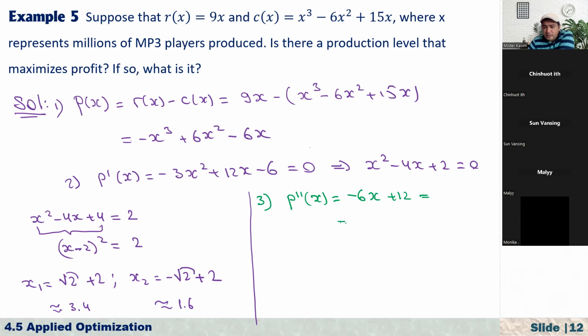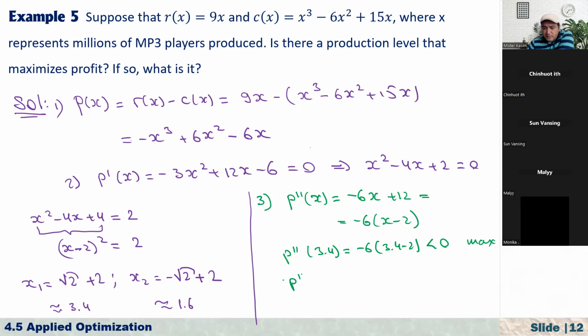So that's equal to minus 6x minus 2. Now the first case, 3.4. If I substitute 3.4 here, 3.4 minus 2, that is negative, right? Negative means that it looks downward, so here we have maximum value.